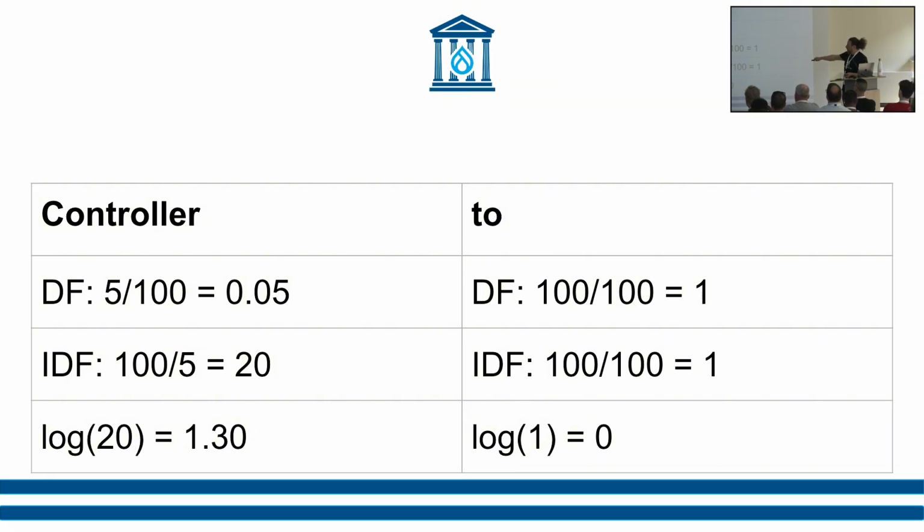So we invert it: 100 divided by 5, which is 20, and in this case "to" gets 1 again, but 20 is too high a number, so we score quite a lot, even if it's a really important keyword. So we take the log of the score, and we get 1.30. So we normalize the result, while the log of 1 is 0, so we get 0 points. So the most common words will get really low points.